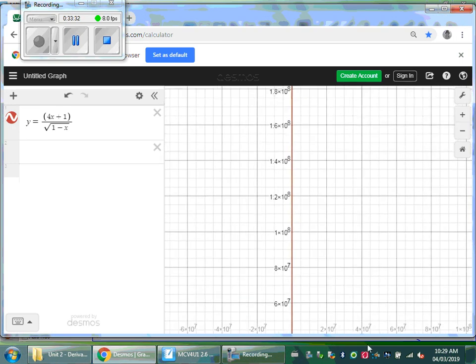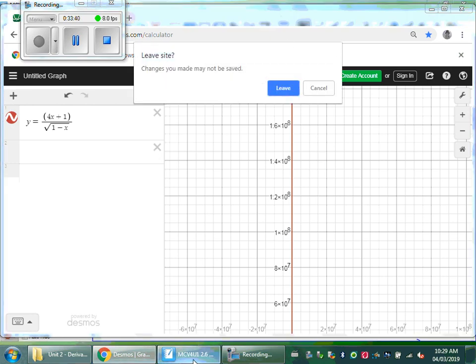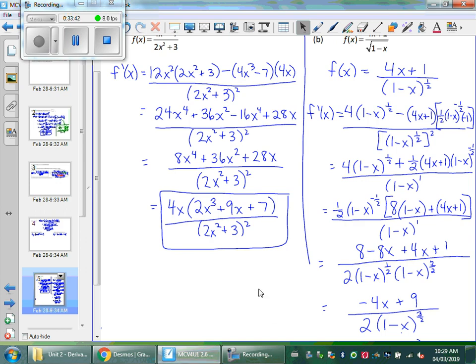I think it's just a strange example. I don't know why it didn't work, but basically at 9/4 there should be a horizontal tangent based on the math here. Okay? So, anyways.